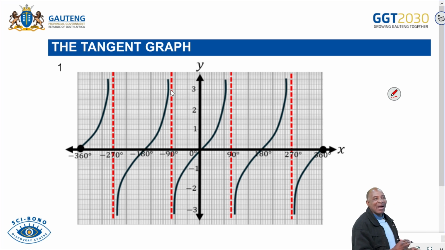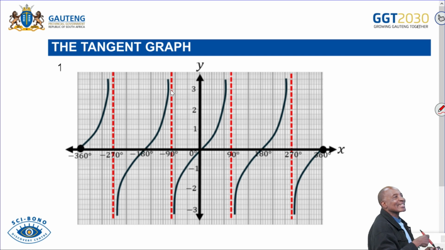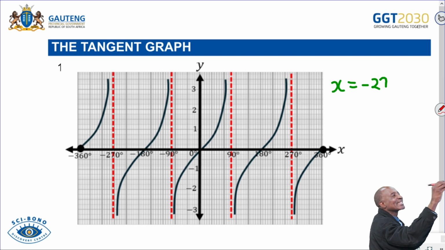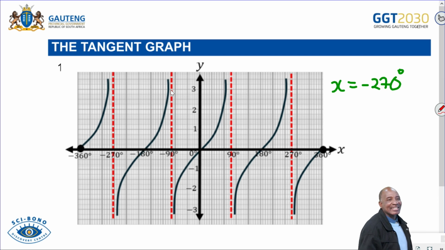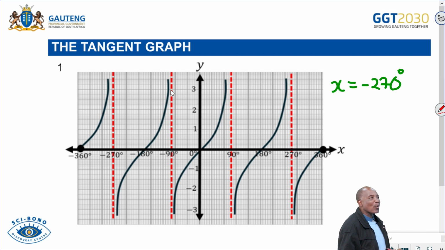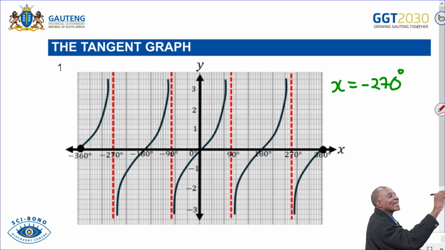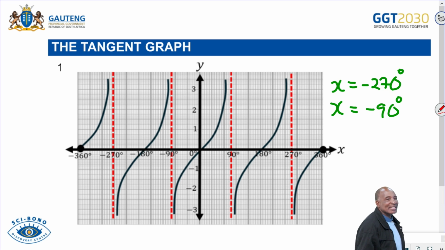Whatever graph is coming, it won't cross that line. Minus 270 is one of the vertical lines that the graph won't cross. It's an x value. In other words, that is x equals negative 270 degrees. At x equals negative 270 degrees, our graph won't cross that line because there is no corresponding value of y. And again, when x equals negative 90 degrees, our graph won't cross.